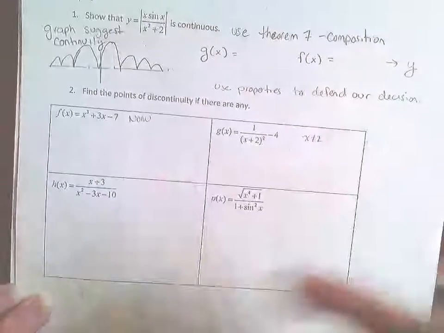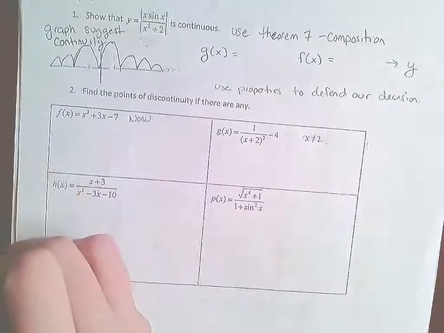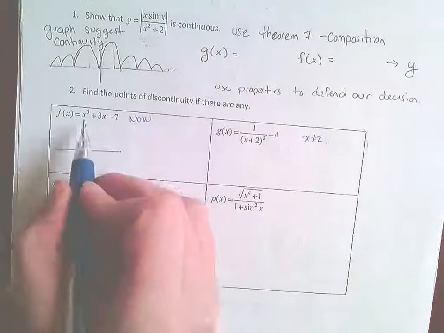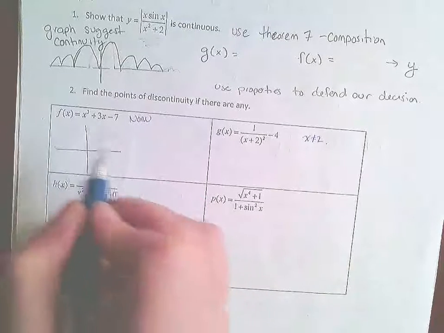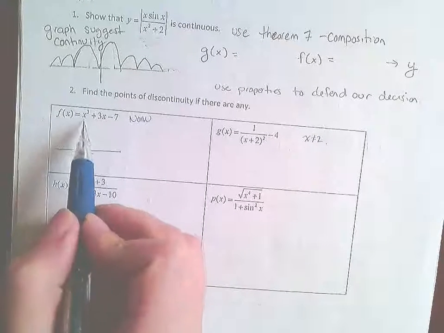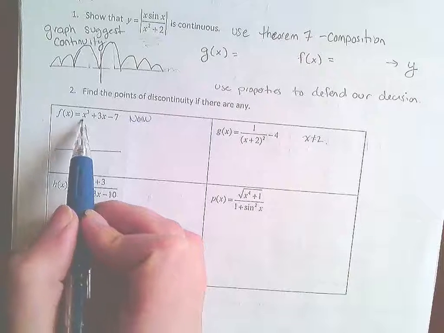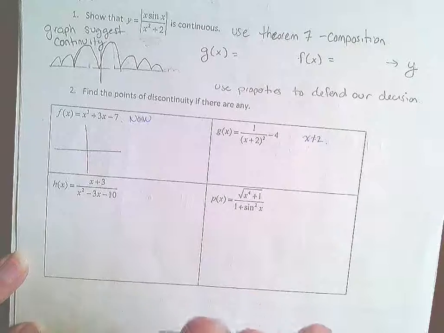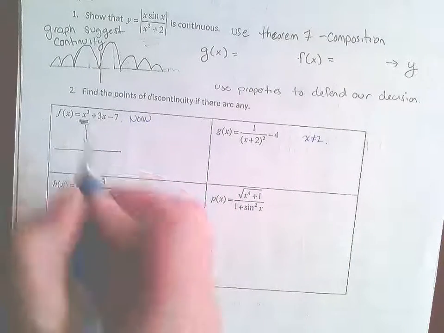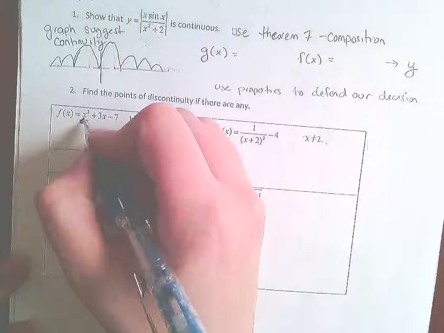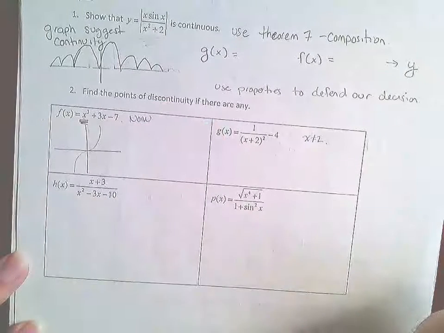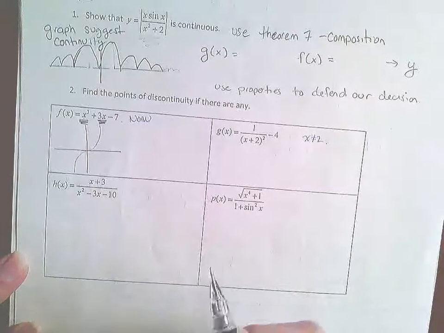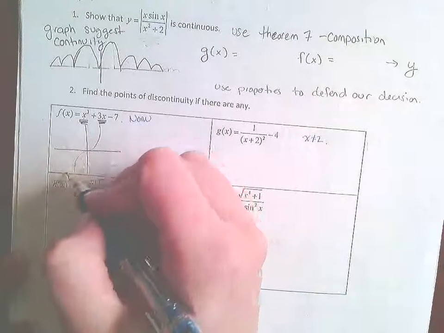Alright, number 2 says find the points of discontinuity if there are any. So if you graph this, you should know that cubic, quadratic, quartic, linear functions, basically functions without a denominator that are just added, are continuous. The reason we know is that we know this piece is continuous. If we graph just that, you know that it's a little s. If we graphed just 3x, it's also continuous and it looks like a line.